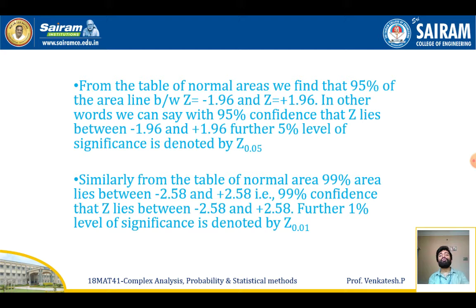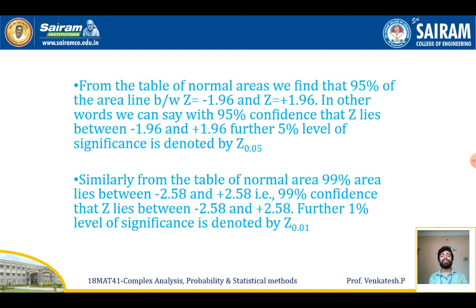From the table of normal areas, we find that 95% of the area lies between z equals minus 1.96 and z equals plus 1.96. In other words, with 95% confidence z lies between minus 1.96 and plus 1.96. Further, the 5% level of significance is denoted by z 0.05.